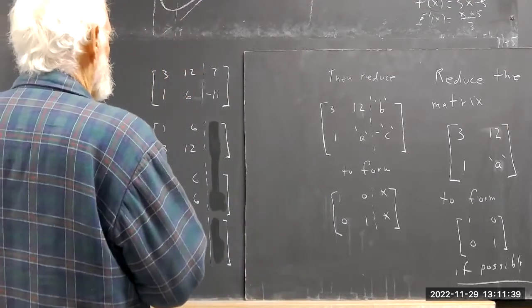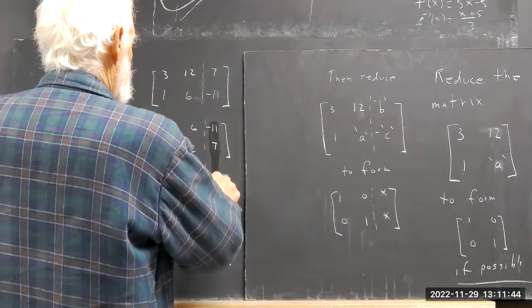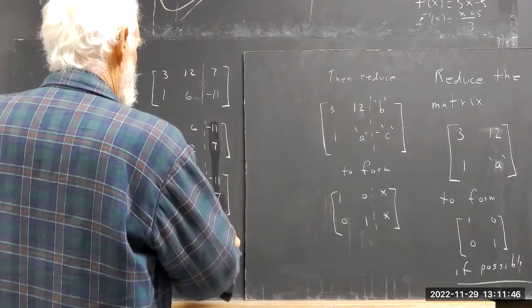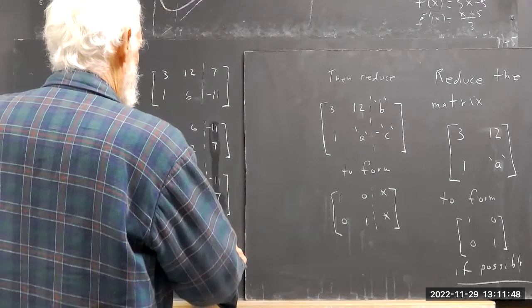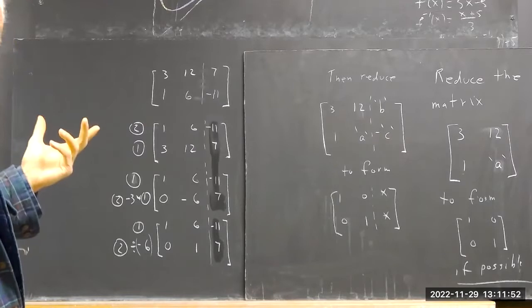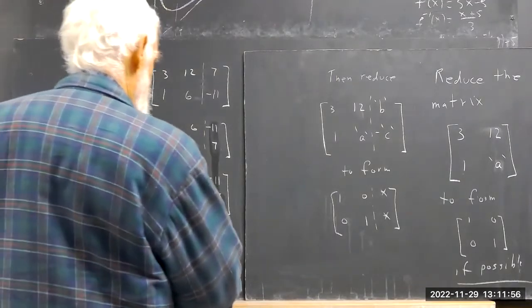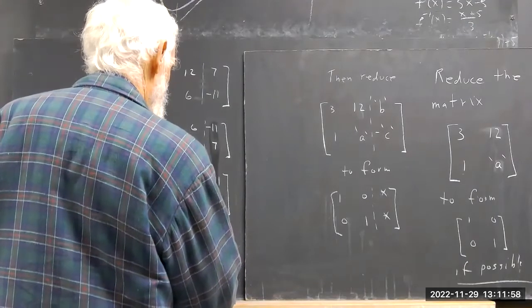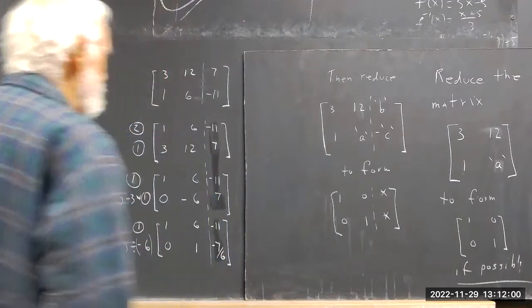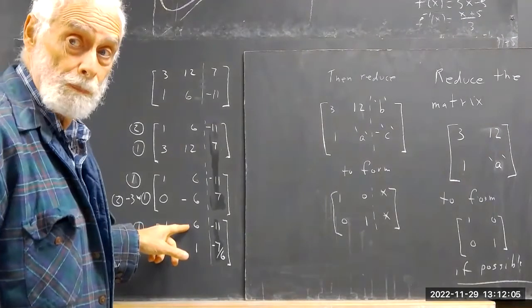Okay, so let's see, 1, 6, -11. Except it's not that here, it's -7 over 6. And then I've got to get a 0 here.